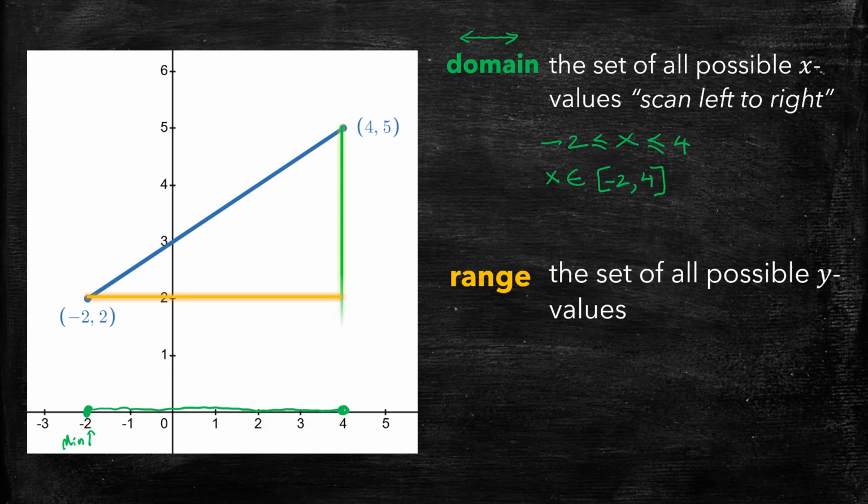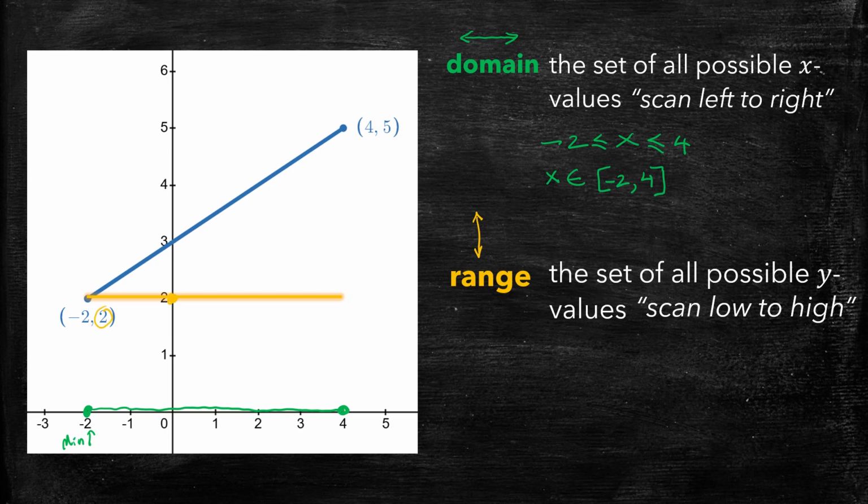Okay, so let's have a look at the range now. To find the range, you scan all possible y values, but this time you scan from low to high. So you are scanning vertically from the lowest y value that you can see. And you can see here that y equals 2 is the lowest y value.